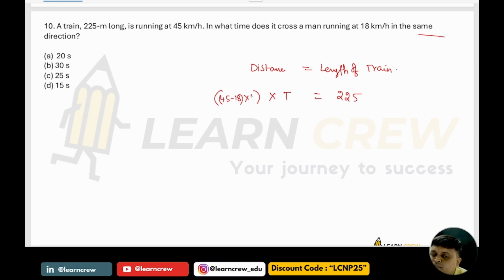Convert into meters per second by multiplying with 5 by 18. So it is 27 times 5 by 18, which is 7.5 meters per second. Thereby time taken is 225 divided by 7.5, which is 30 seconds. So the answer is 30 seconds.